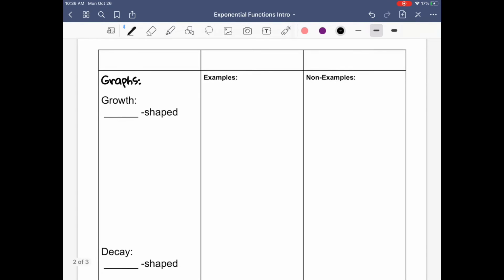We actually have particular shapes for all of our exponents, just like we have particular shapes for linear. When we're talking about exponential growth, it is going to have a J shape.